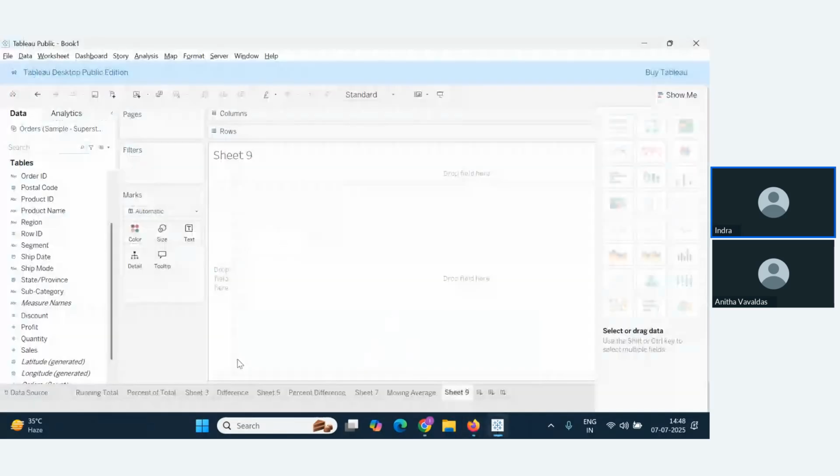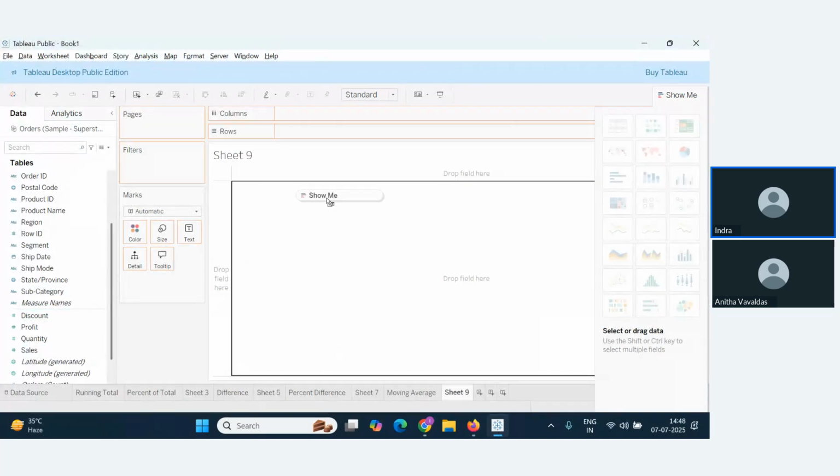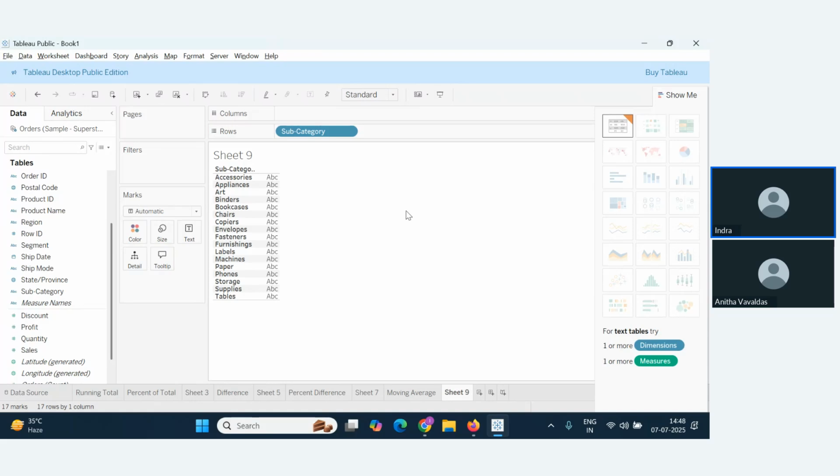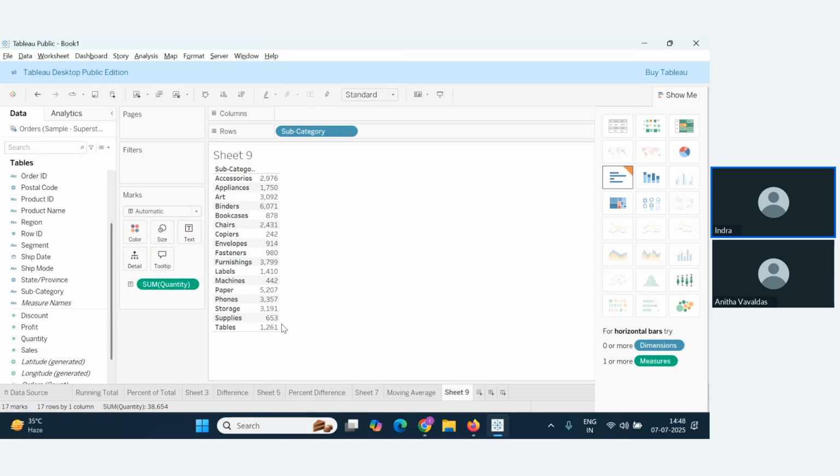Let's say I have subcategories. Okay? I'll take subcategories to the rows. Now, in these subcategories, I want to find out, let's say I will take quantity. Or let's say I take sales only.